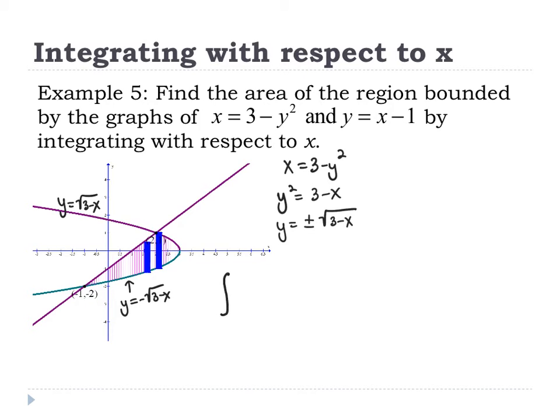So now I'm integrating with respect to x. What I need to do is figure out where I switch integrals. I did that in yellow before, so I'll go ahead and do it in yellow again. This is where I'm going to switch from one function being the top to a different function being the top. If I'm starting here, now I'm integrating with respect to x because my widths, you can see, are delta x's.